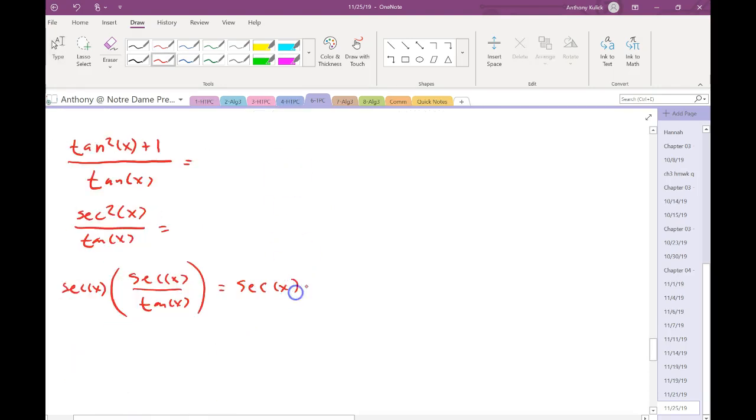Yeah, we're supposed to be getting secant times cosecant. And look at what we've already got. Right? We've got the secant part already taken care of. So somehow, secant over tangent needs to turn into cosecant.